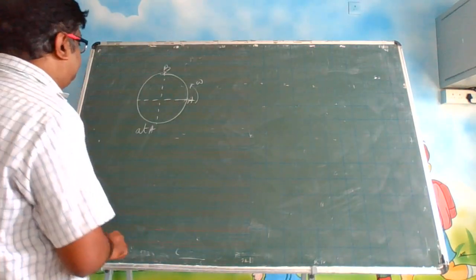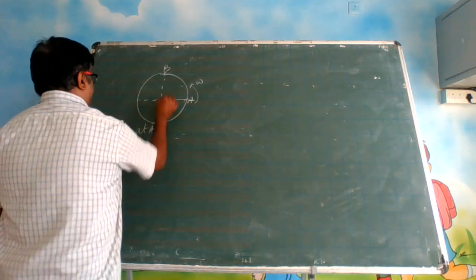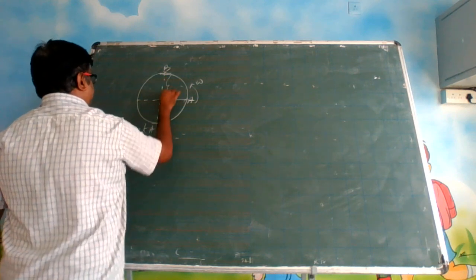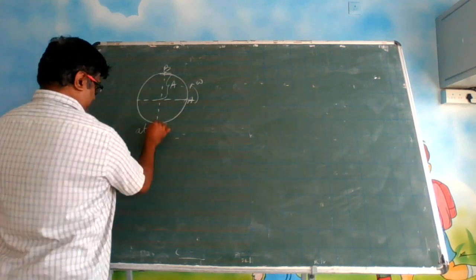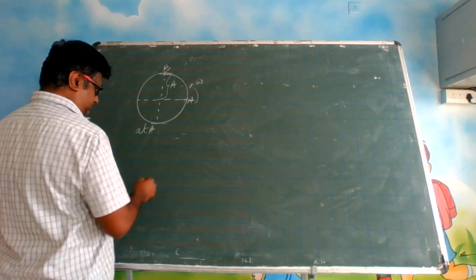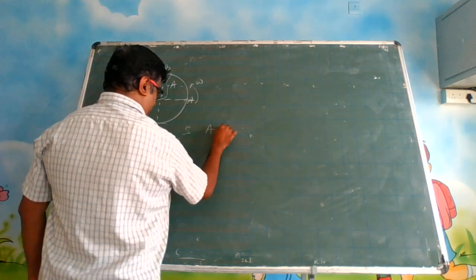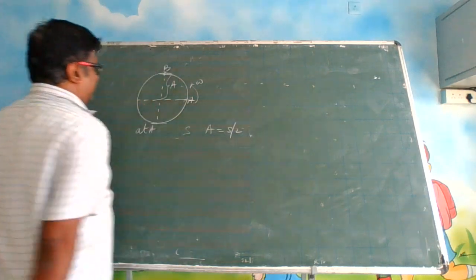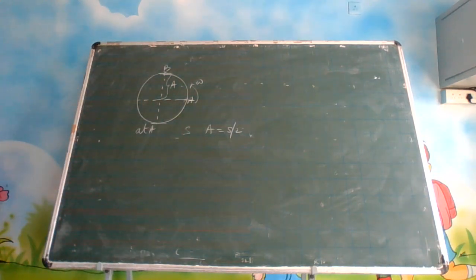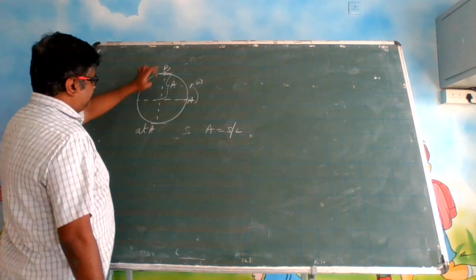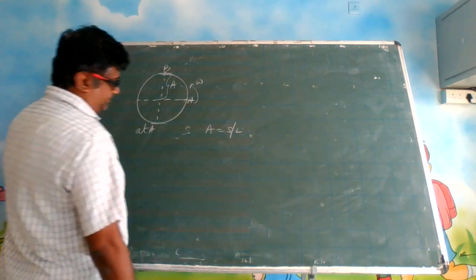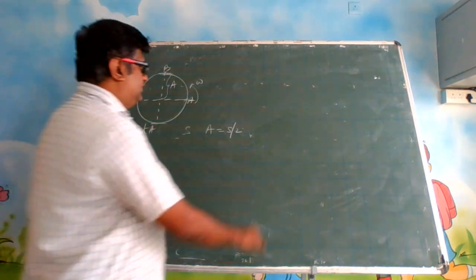Now observe here, this point to this point, see this is your amplitude, right? This point to this point, if I call this distance as s, then your amplitude was s by 2, where s is the distance between the point A and point B. Can we generalize it?